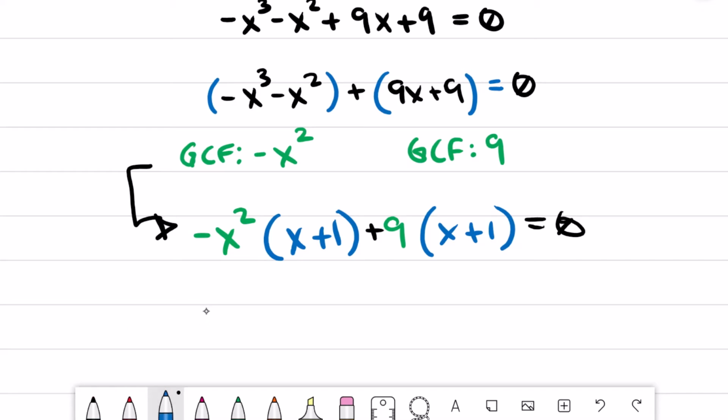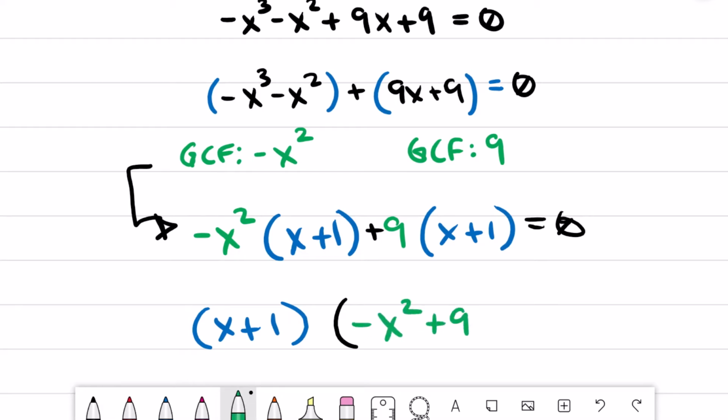So I'm going to write x plus 1, and then I'm going to take my green terms, or my GCFs, and that's going to be a set of terms. So that's going to be negative x squared plus 9, and then again we're making it equal to 0.